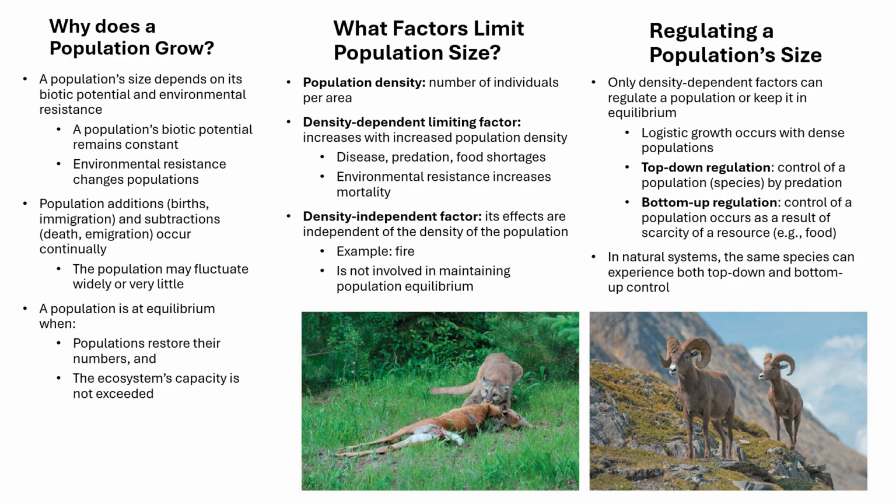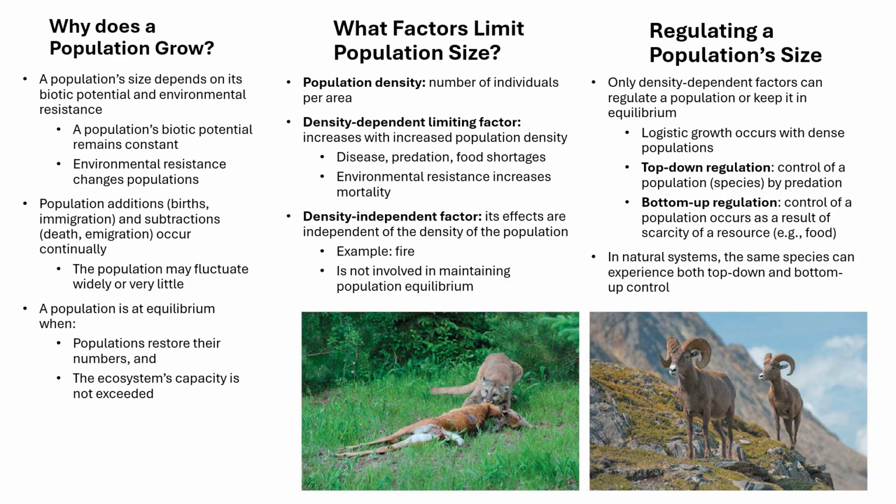So in any population, we would say addition and subtraction. Addition would be birth and immigration, and subtraction would be death and emigration. Addition and subtraction occur all the time. The population will fluctuate.